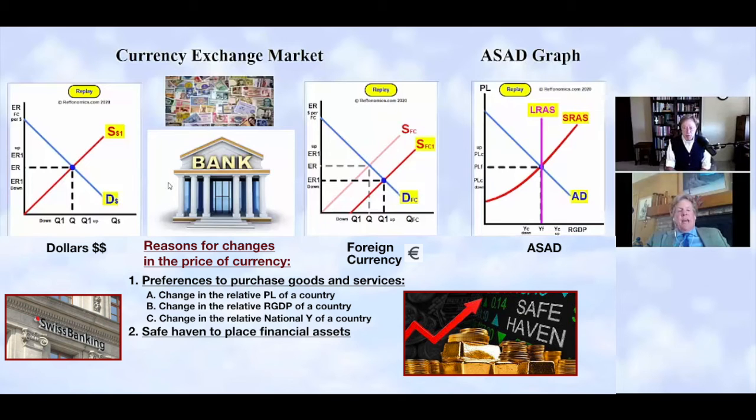And so what's going to happen to the market for the dollar? Well, then the demand for U.S. dollars is going to increase. Good. So we say that the dollar now has done what? The dollar appreciates relative to the foreign currency. Does that mean the dollar has gotten stronger or weaker relative to the other currency? It means it got stronger.